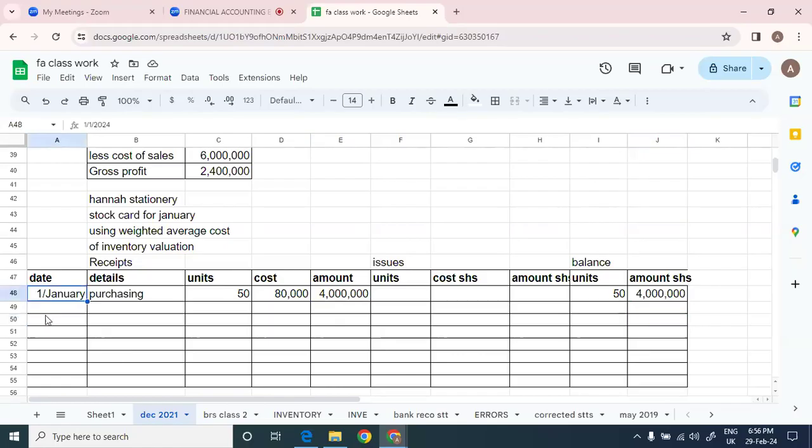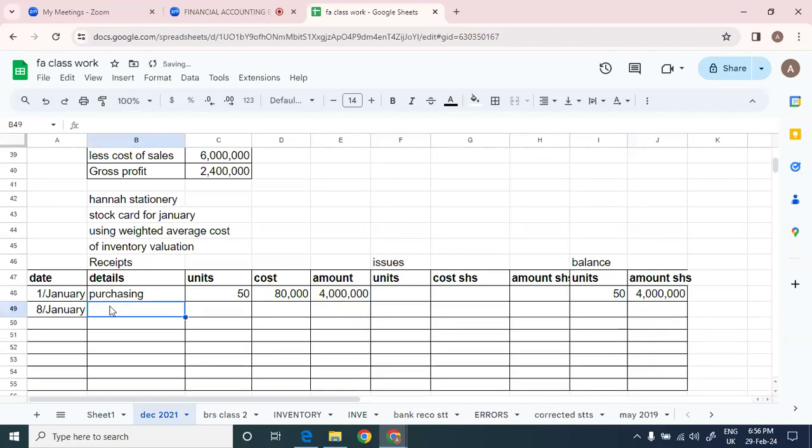Okay. We go on 8th of January. These ones are purchases. So still on 8th of January, we are purchasing 50 at how much? At 100,000.